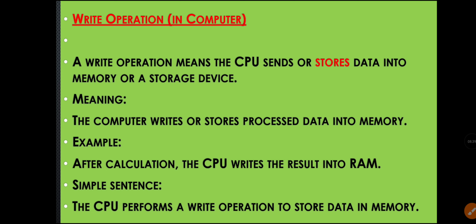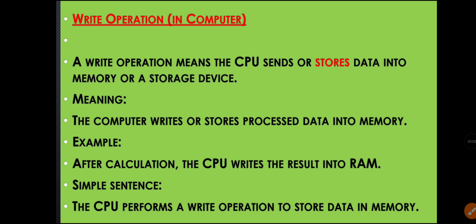Then what is the meaning of a write operation? A write operation means the central processing unit sends or stores data. So in this case, what happens? The central processing unit sends data or stores data where? Into memory or a storage device.